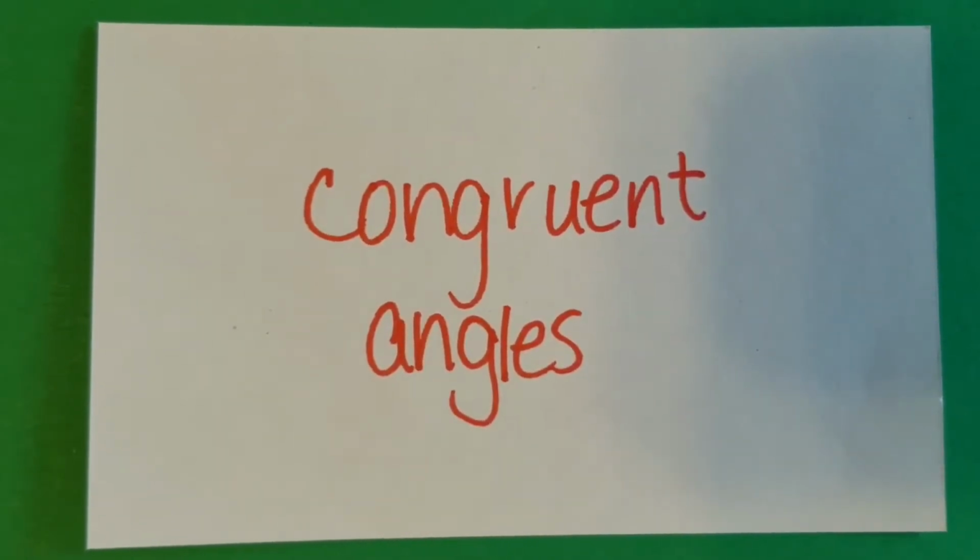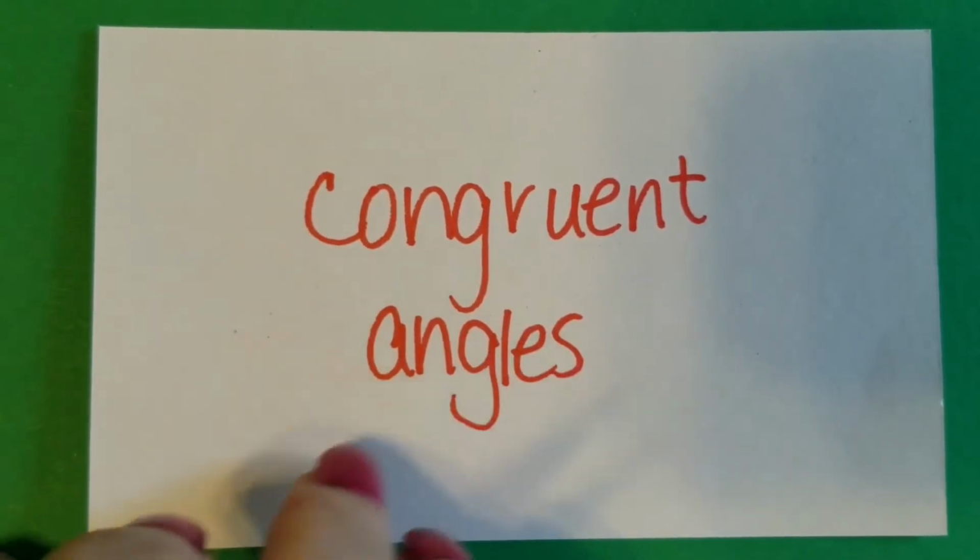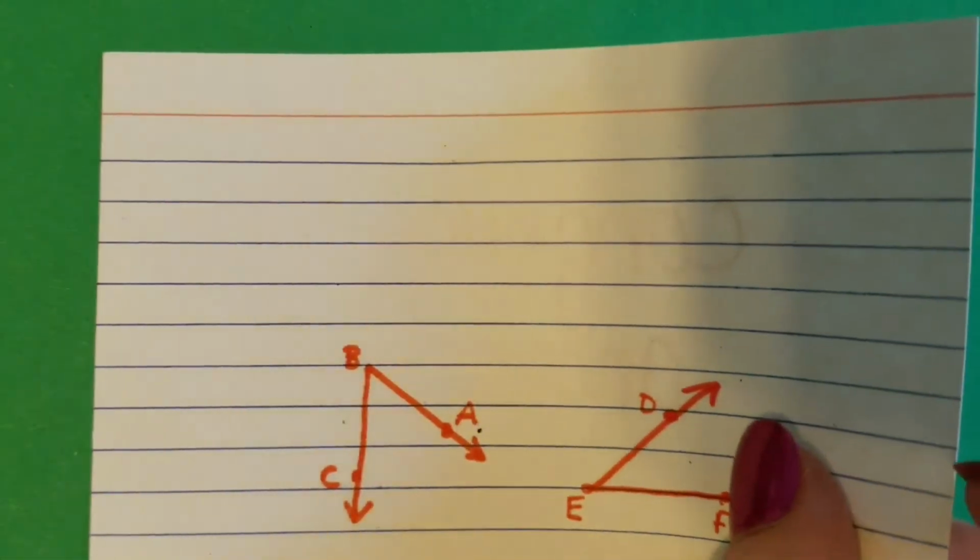We're often going to compare angles. If we say we have congruent angles, those are going to be angles that have the same measure.